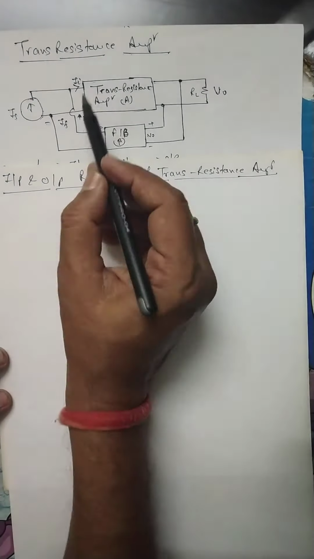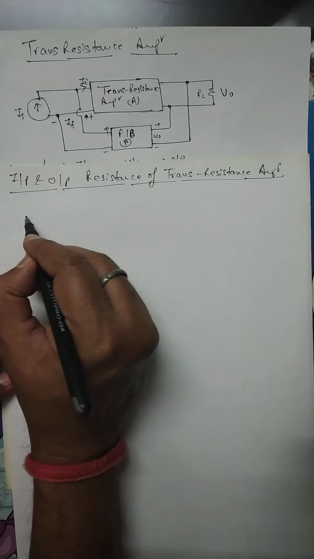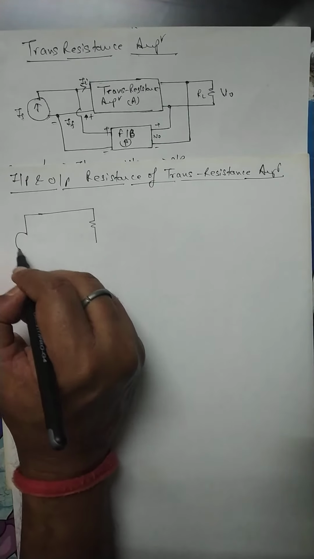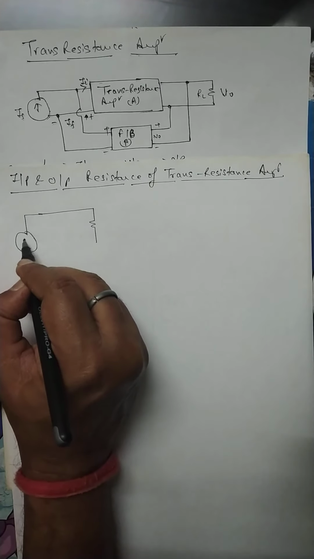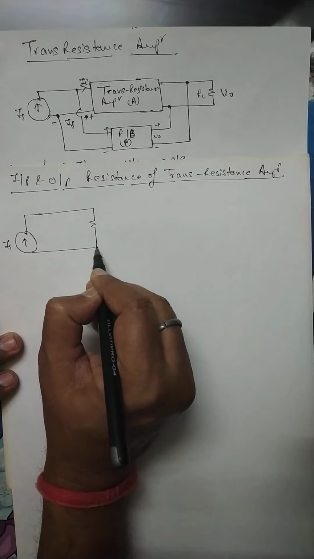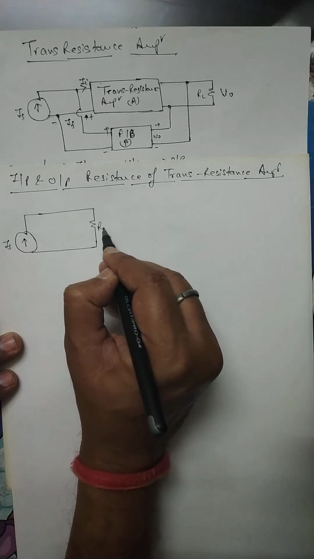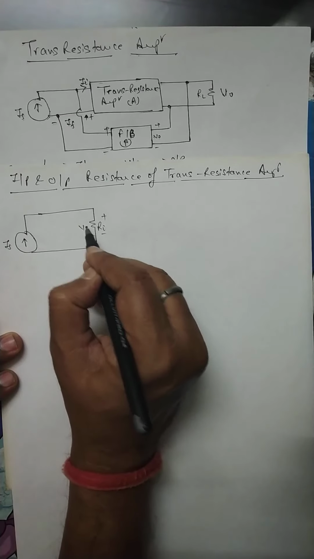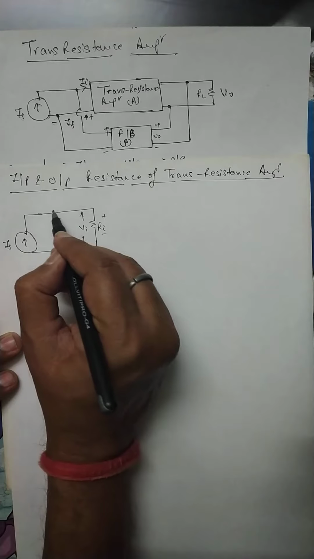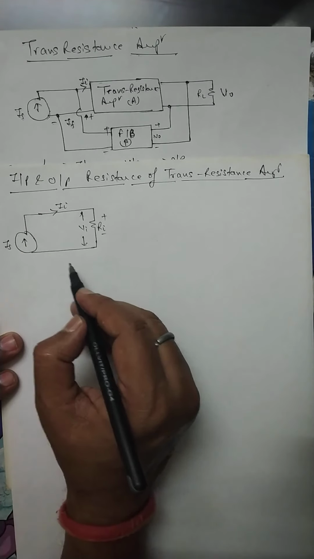At the input side it is the current, so we have to draw the input side, that is Ri, it is IS, and the input side is shunted. So this is Ri, with Vi across it, and this is the current II and this is IS.